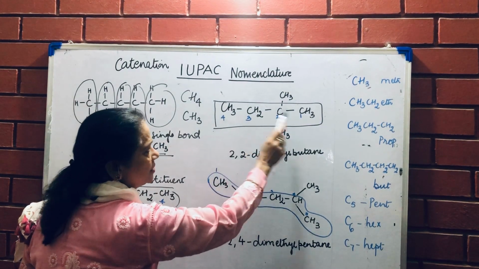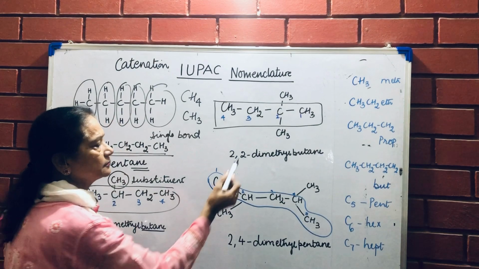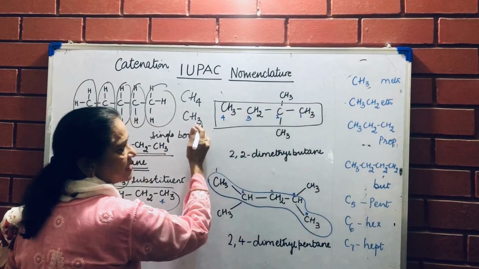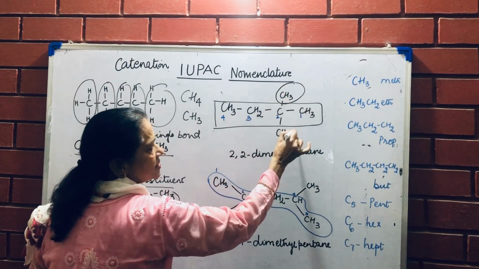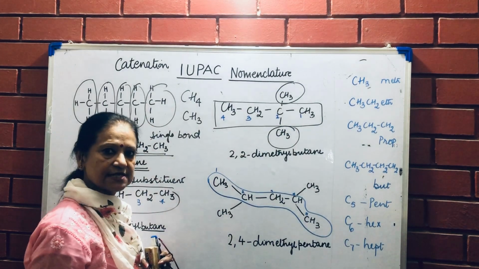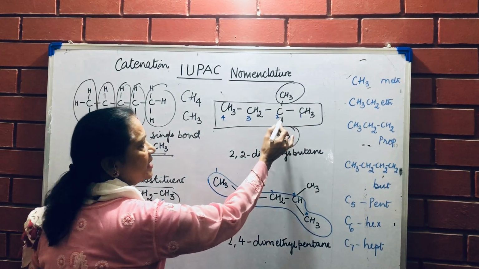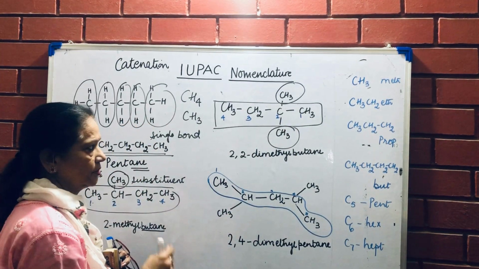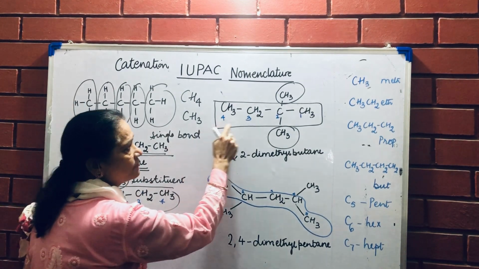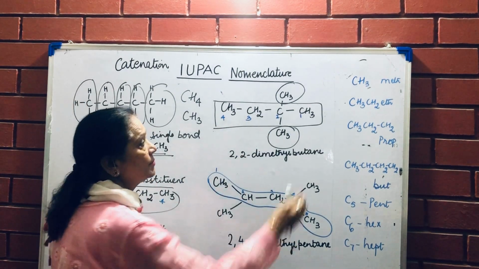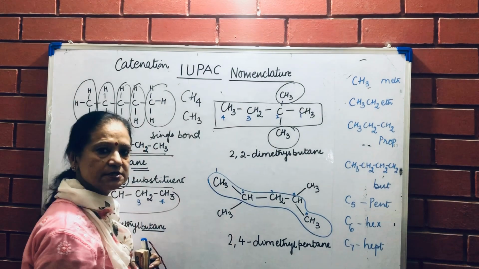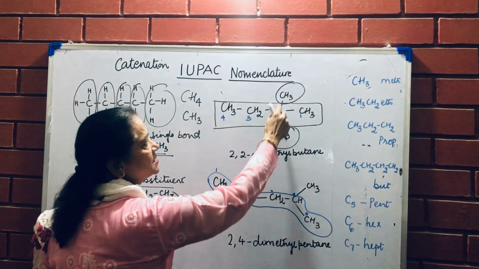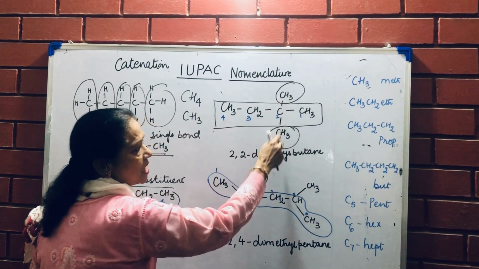If I have taken this chain, I'll have to count from this side because these 2 are the substituents which are outside the chain and they should be given the lowest number. If I start from here, they get place 3. But if I start from here, they get place 2. So at place 2, both these groups are present.